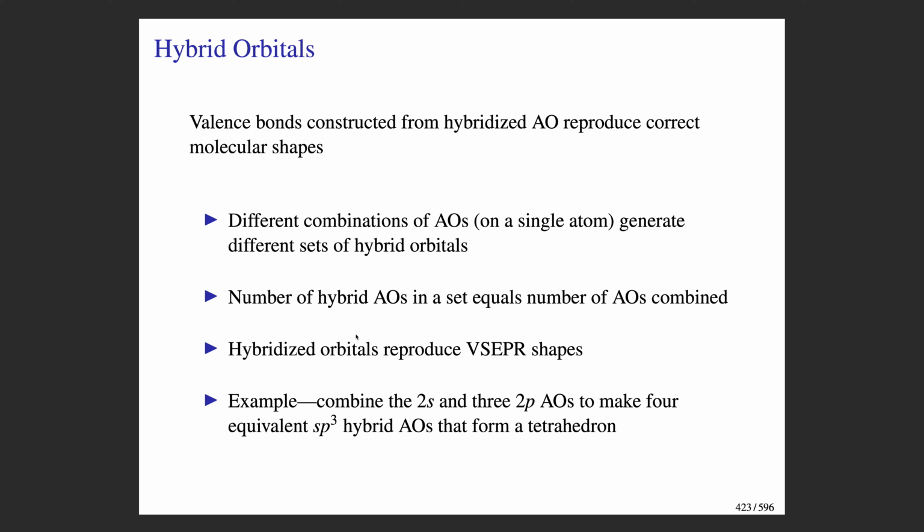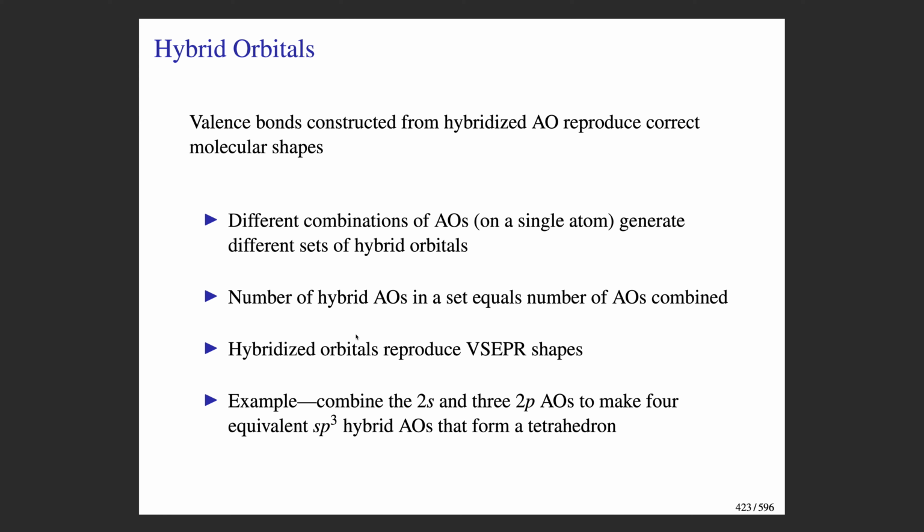We can take carbon as an example. In fact, we'll be using carbon in many of the graphics that I show you. We are going to take the valence orbitals on carbon, the 2s and the 2p orbitals, and we're going to combine them in different ways. Keep in mind that these orbitals are really waves, and you can add and subtract waves in different ways from one another.